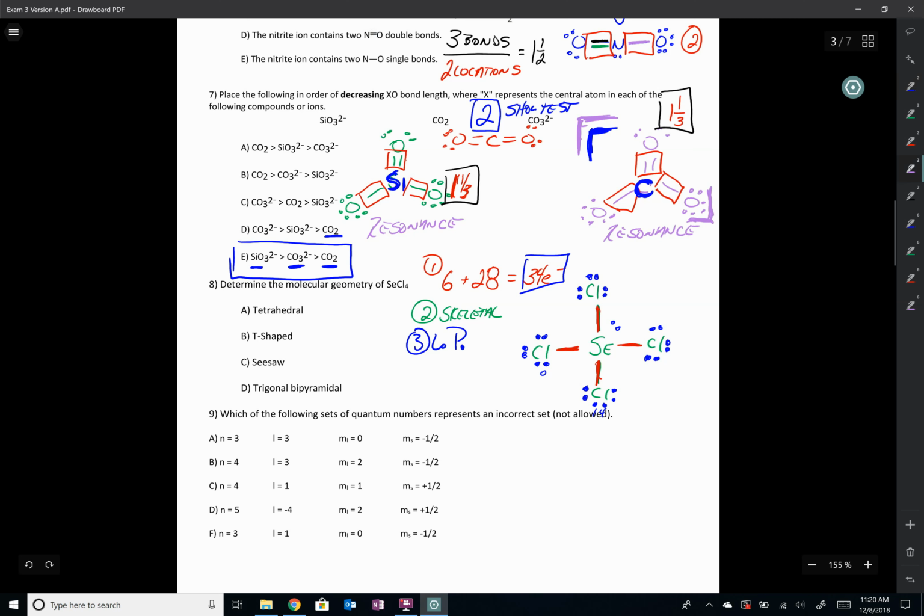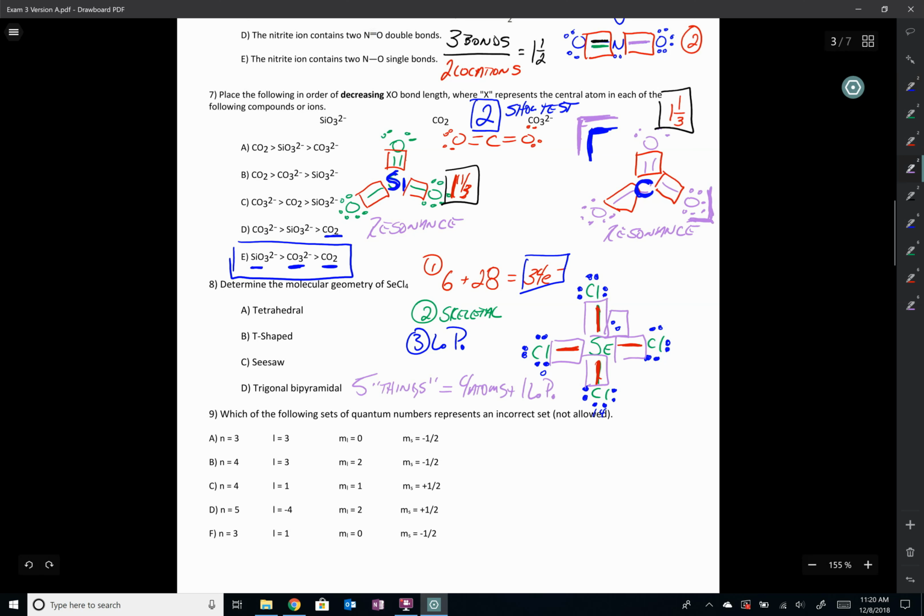Now to get our molecular geometry, we need to know how many total things we have. 1, 2, 3, 4, 5. We have 5 what we called electron domains. We have 5 things that come from 4 atoms and 1 lone pair.